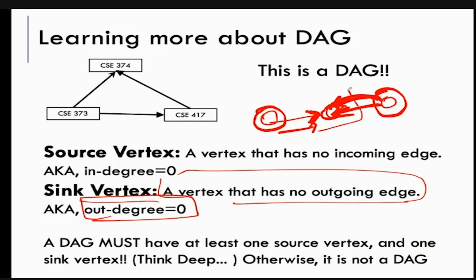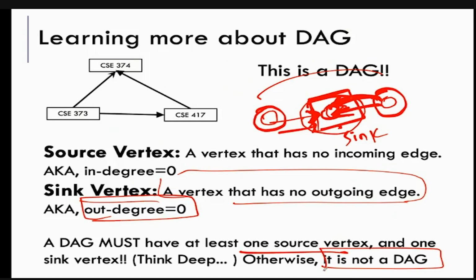So you can see that this is a sink vertex, and these two vertices are source vertices. Why? Because they have only outgoing edges. This has only incoming edges. So a DAG must have at least one source vertex and at least one sink vertex. Otherwise, it's not possible to be a DAG.